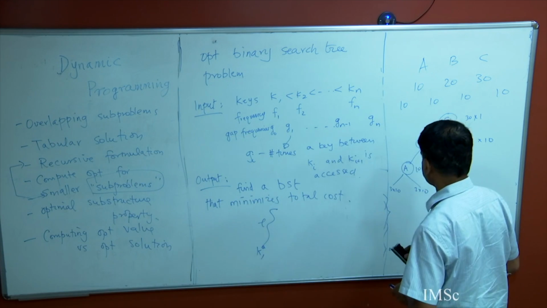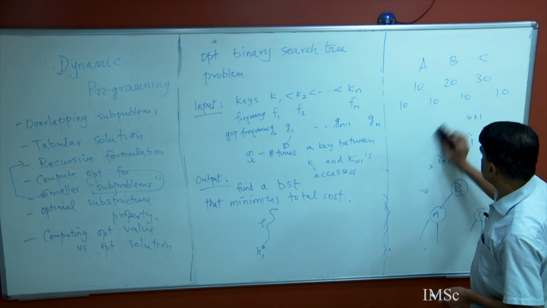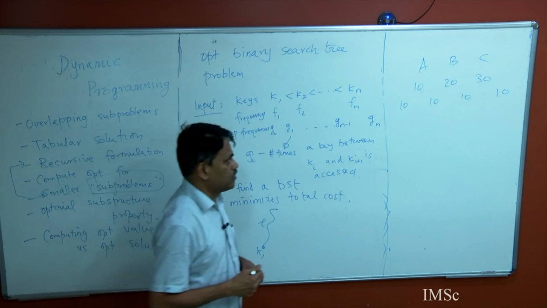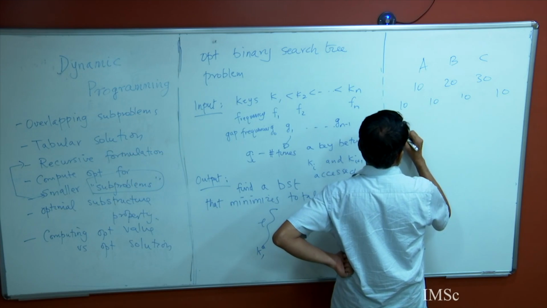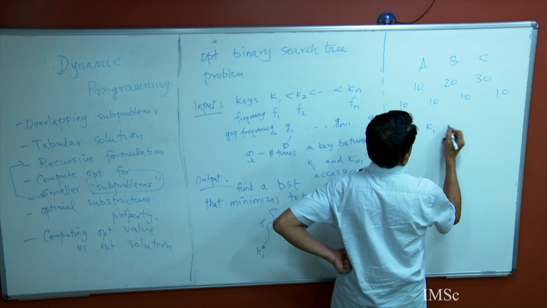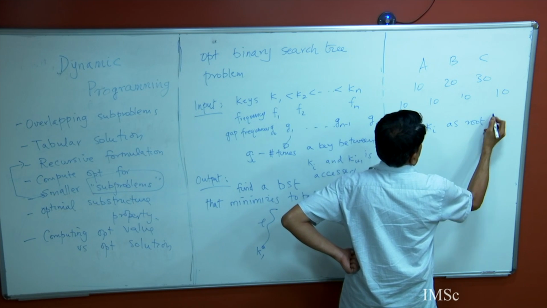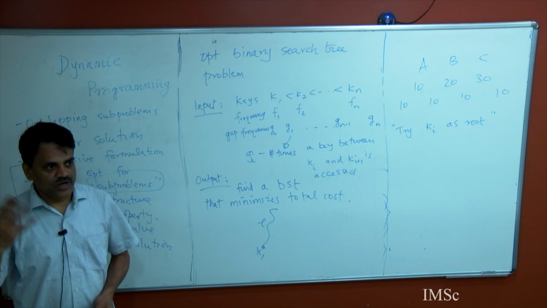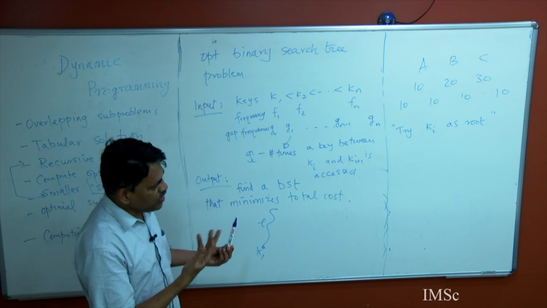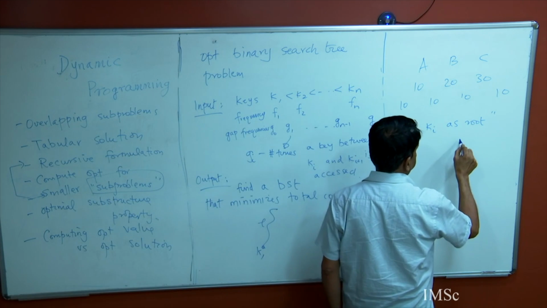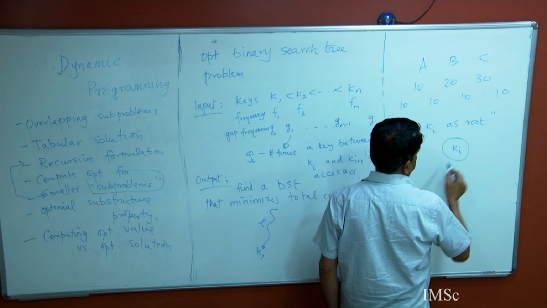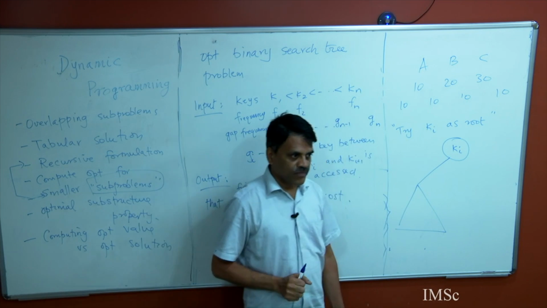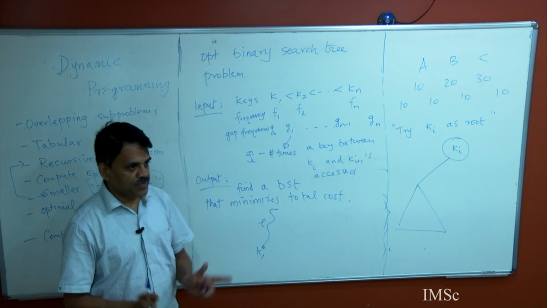So, let's say try ki as root, right? Some ith key. There are n choices. I'm going to try one by one. Now, once I fix ki as root, what can you say about this tree? It has the optimum substructure property.